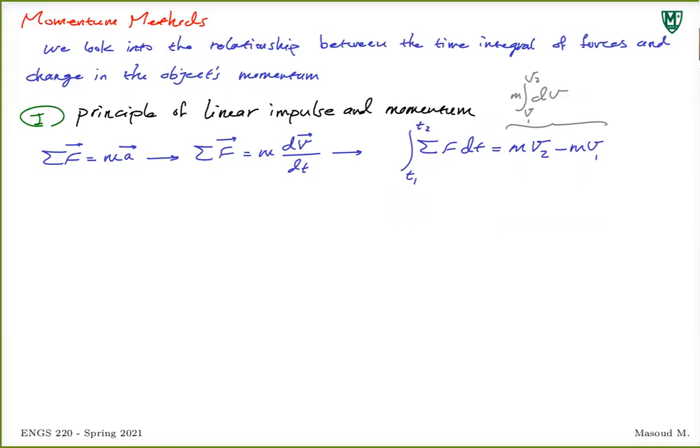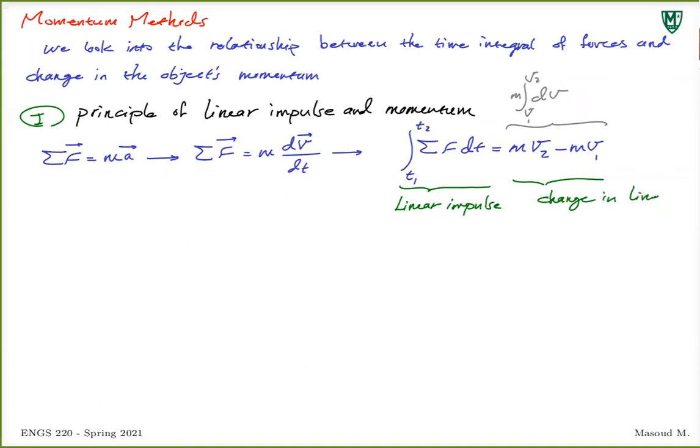Now, this part, the left side, is the linear impulse. The right side, well, mv is linear momentum. So this is the change in linear momentum.